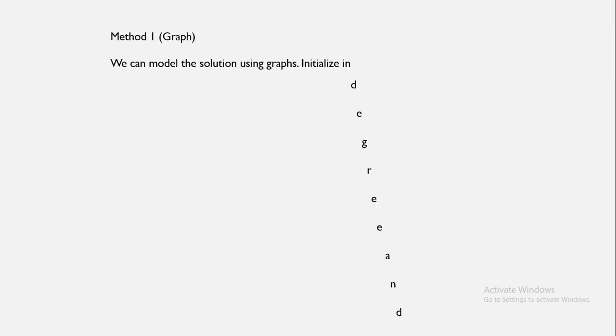We have three methods. First, graph. What is a graph? We can model the solution using a graph, initializing the in-degree and out-degree of every vertex to 0. If A knows B, draw an edge from A to B, and increase the out-degree of A and the in-degree of B by 1.